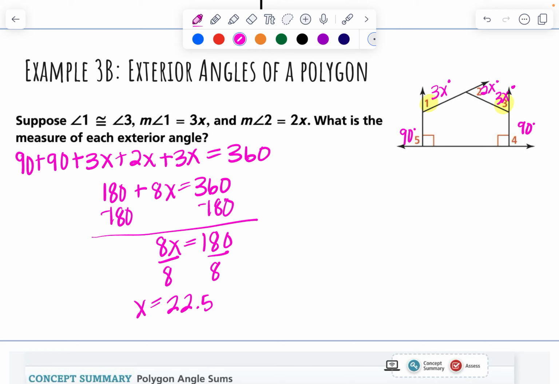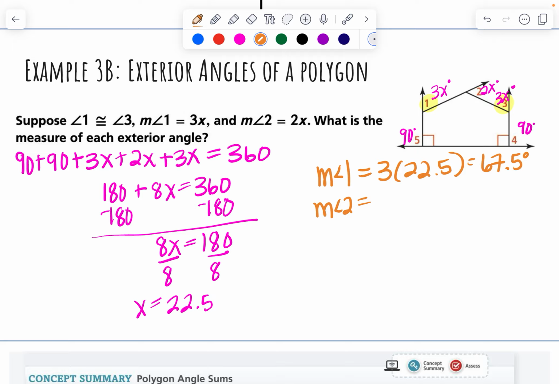But they're asking us what the measure of each angle is. So we need to write down the measures of each of these angles. The measure of angle 1 then is 3x, so 3 times 22.5. And remember, that's also angle 3 as well. That gives us 67.5 degrees.